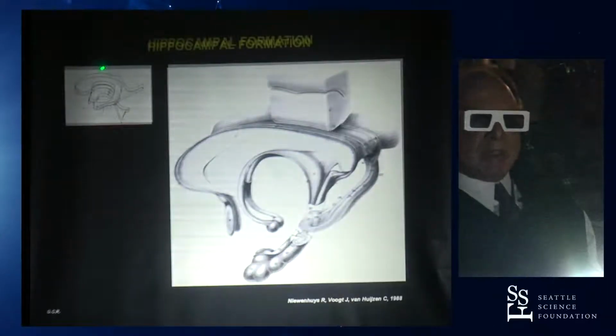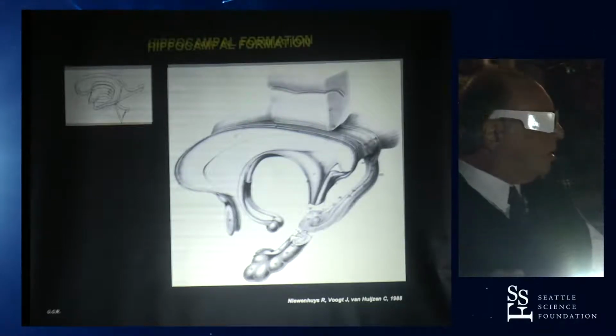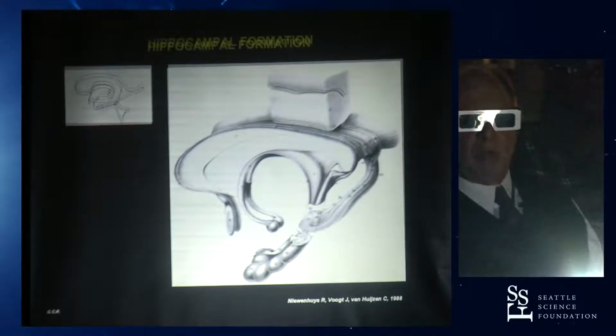So the upper part, the vestigial part of the Ammon horn of the hippocampus that was left here, is the so-called indusium griseum. The indusium griseum is the vestigial part of the hippocampus that was left superior to the corpus callosum.